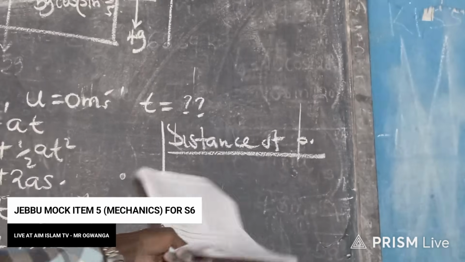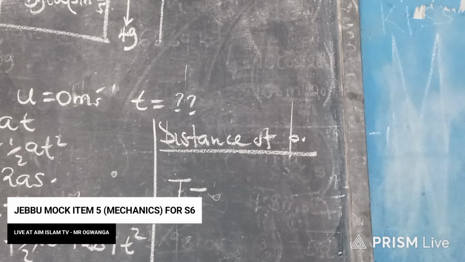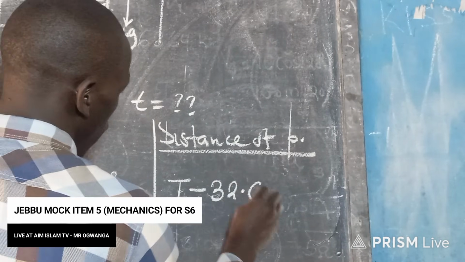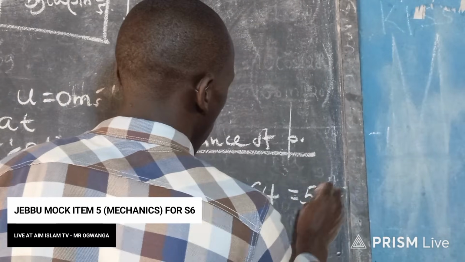This one here was what? 32.64 equals 5a.